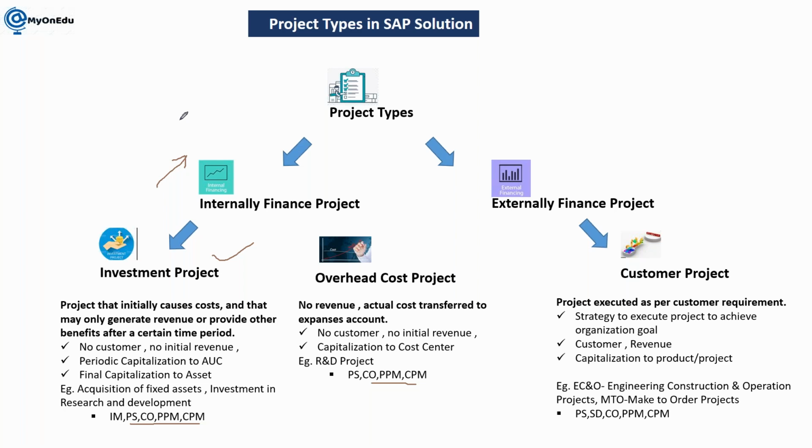It was very difficult for the customer to digest. They used to say, why are you saying PPM, CPM? I only need my project solution. So we started to say that yes, we have your complete solution for any kind of project in EPPM, Enterprise Portfolio Project Management, and we kept all these modules within EPPM only.